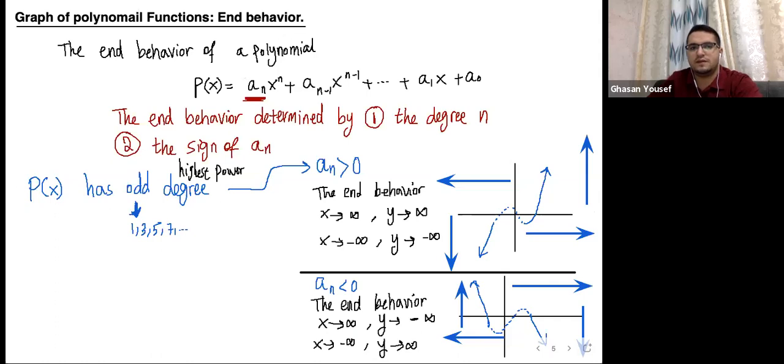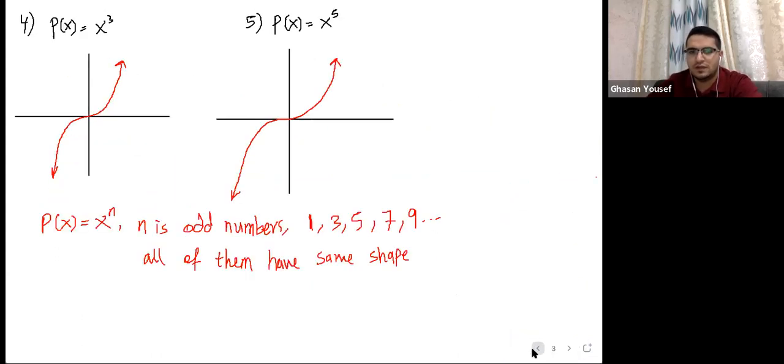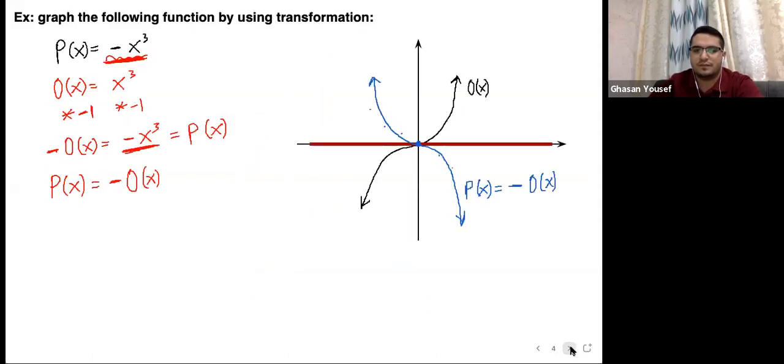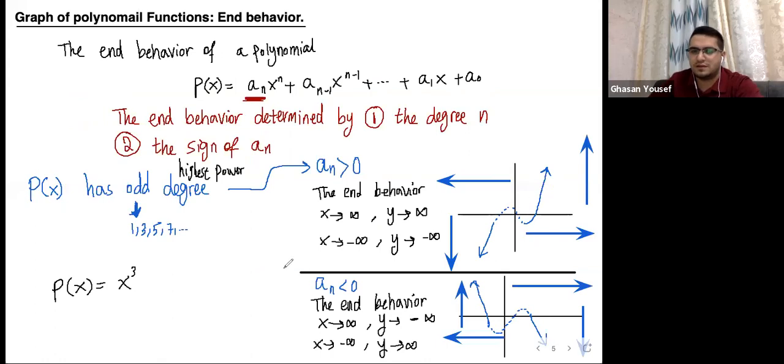P of x, for example, if you need an example, b of x equals x cubed. This is the basic example. The graph of this one is the same as this.